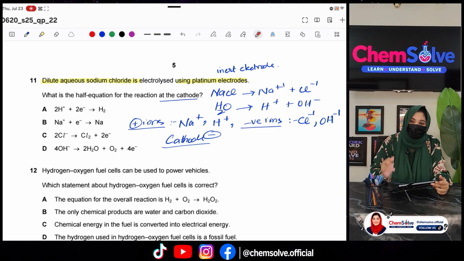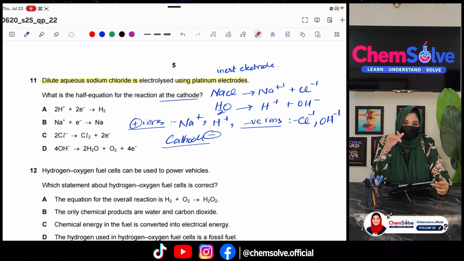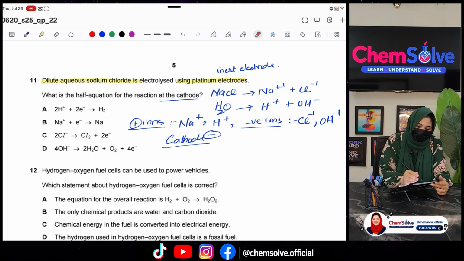Whatever comes at the bottom will be discharged first. Hydrogen comes below in the reactivity series, while sodium is at the start of the series. That's why we will choose only hydrogen here.